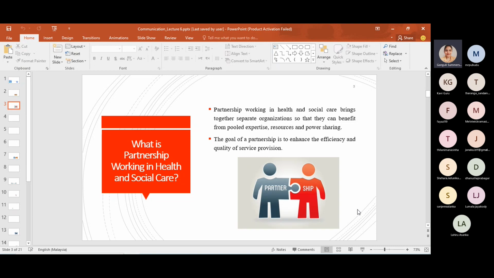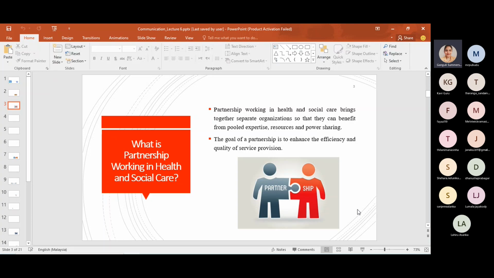These things can be resources, financial benefits, or knowledge, or expertise. So partnership working in health and social care brings together separate organizations so that they can benefit from pooled expertise, resources, and power sharing.